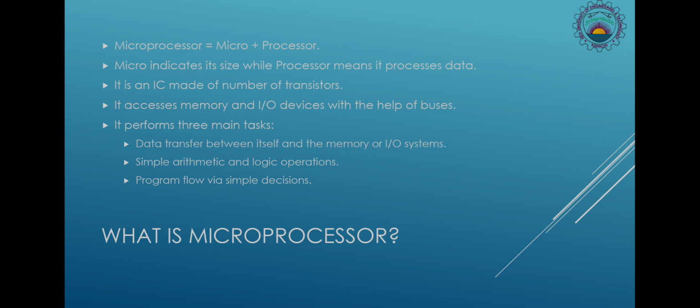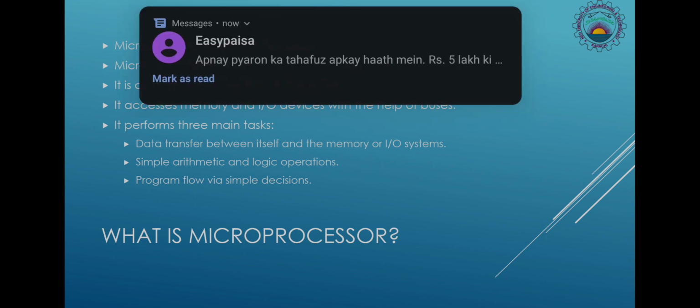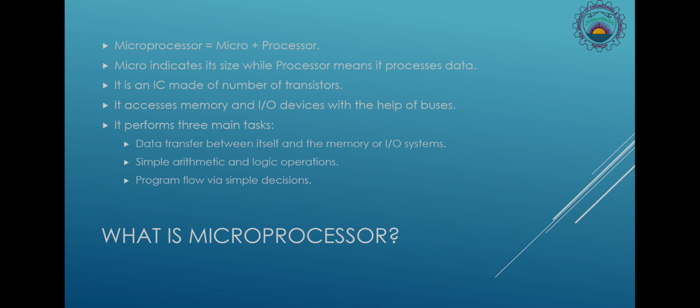Number two, the microprocessor will be performing some arithmetic and logic operations by using its ALU, arithmetic logic unit. And number three, the microprocessor will be controlling the flow of program by taking some decisions based upon some flags present in it.